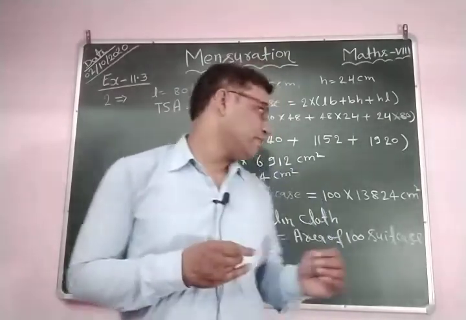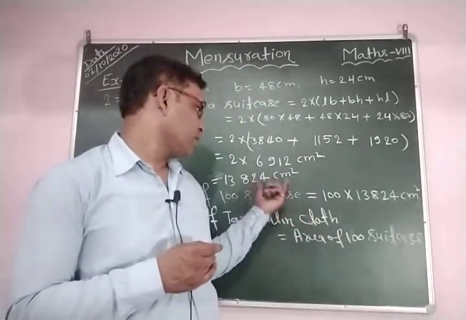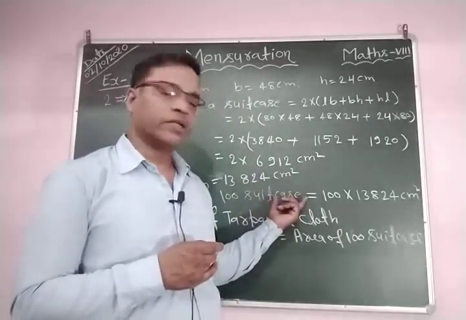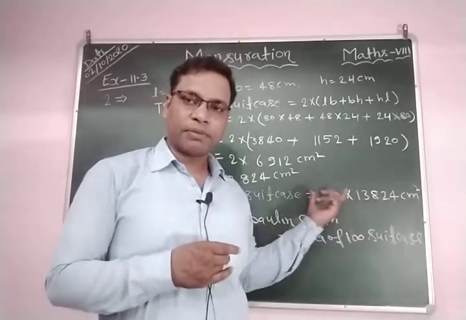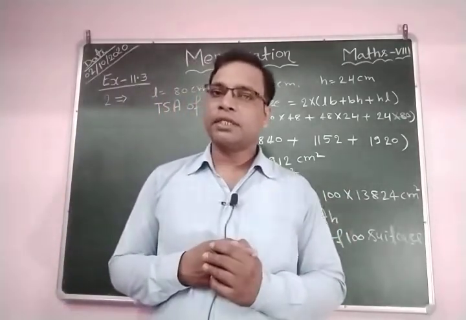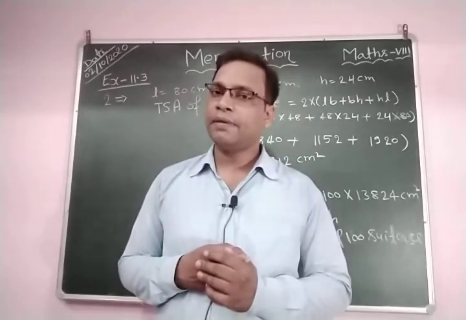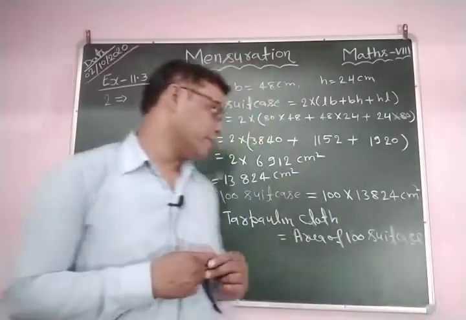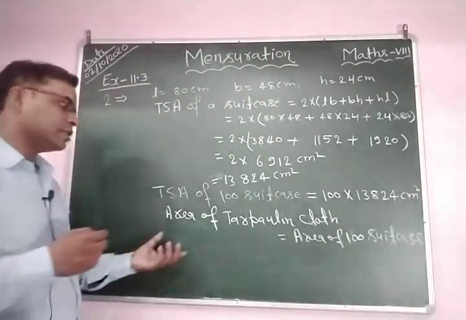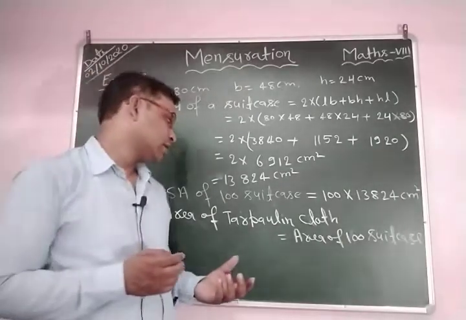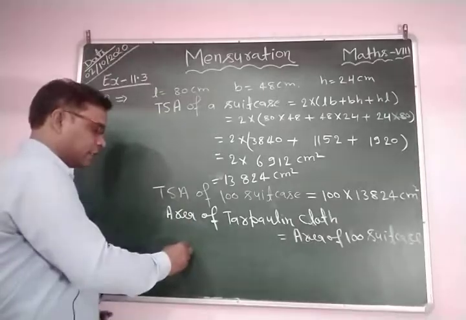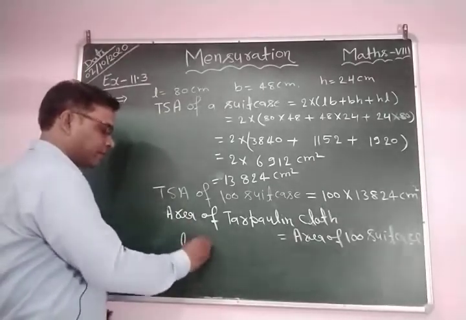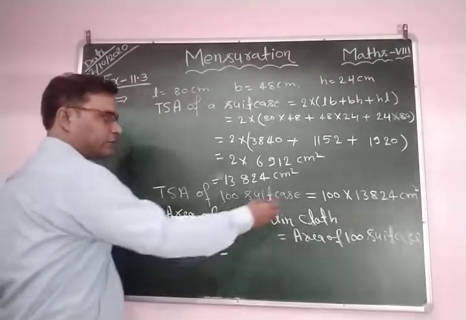Okay, so here we find the total surface area of 100 suitcases. Okay, it means that this is the area of tarpaulin cloth, because the cover of the suitcase is made by tarpaulin cloth. Okay, but area of tarpaulin cloth is equal to length into breadth, and area of suitcase is given here.